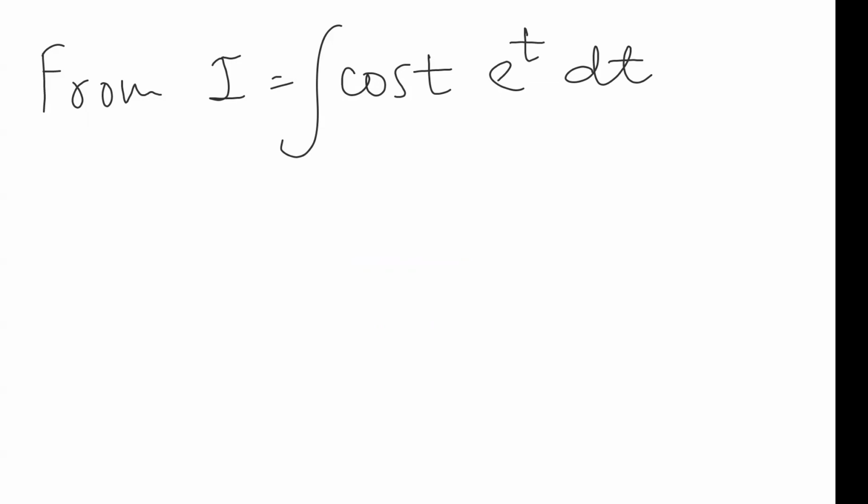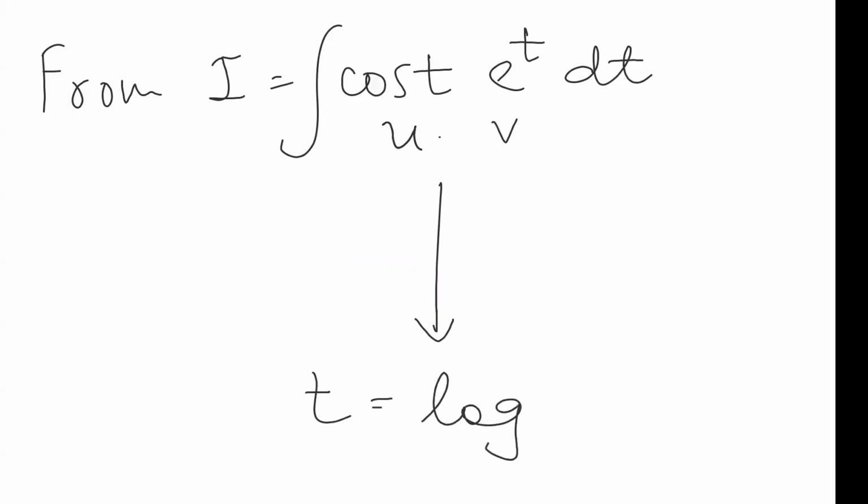So this is trigonometric followed by an exponential term. So it's the right order, u and v. You can solve this problem using integration by parts further, and towards the very end you can resubstitute t as log x. And obviously this one is a recursive function which we have done earlier, right?